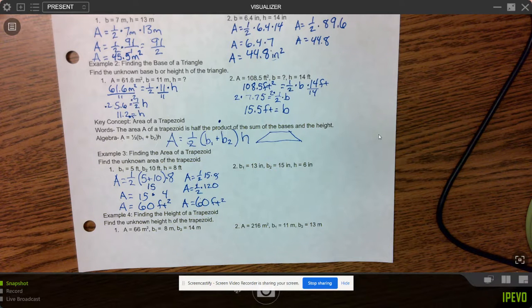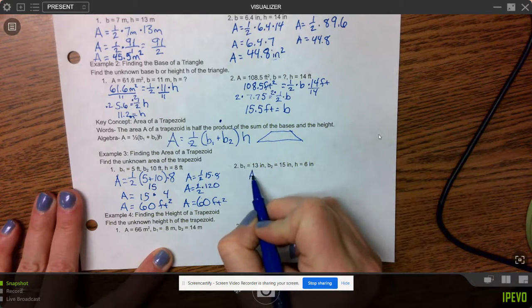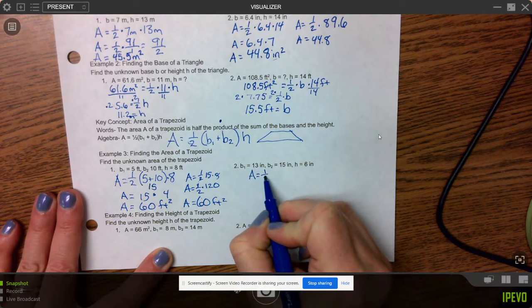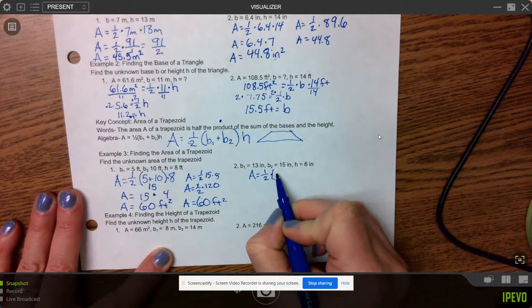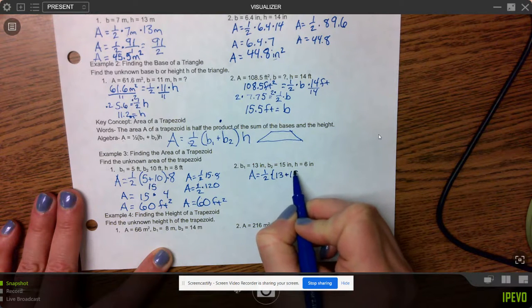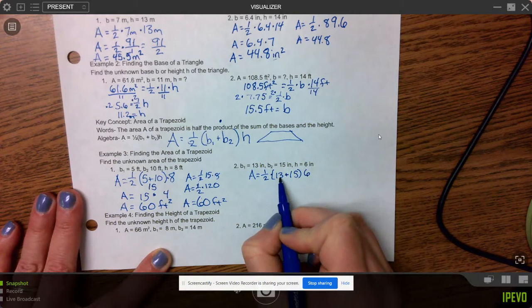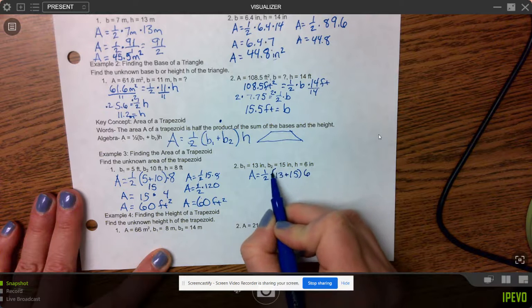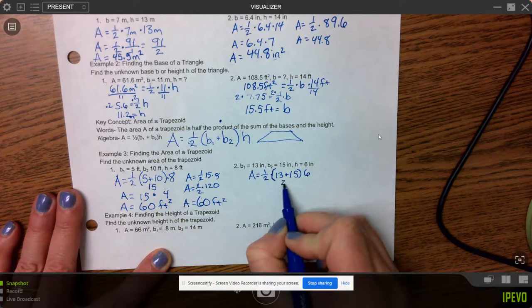Okay, Will, can you walk me through how to set up the equation for the next one? So we start with area equals 1/2, parentheses, 13 plus 15. And you multiply by 6. Yep. So our first step in order of operations is those parentheses. 13 plus 15 is 28.